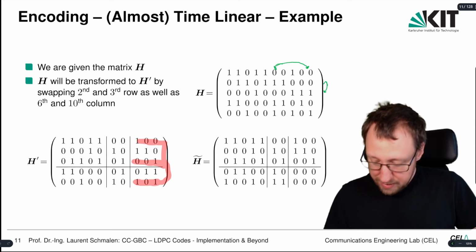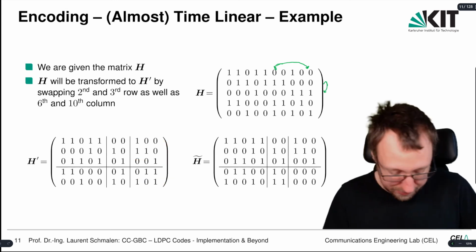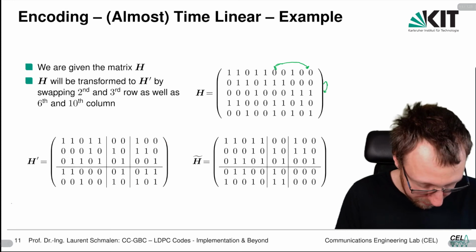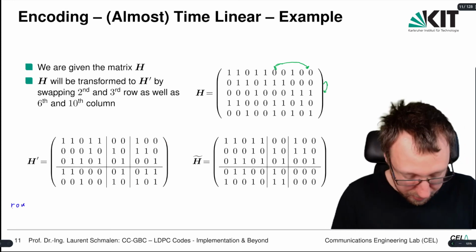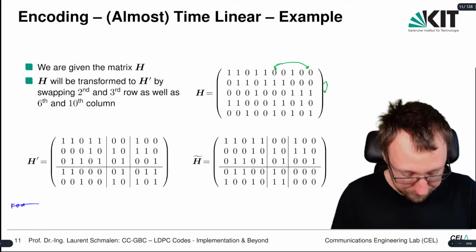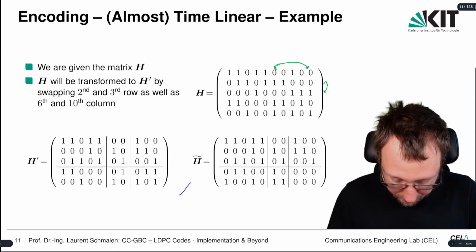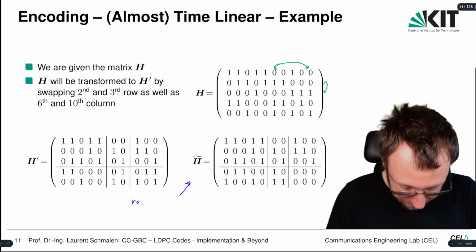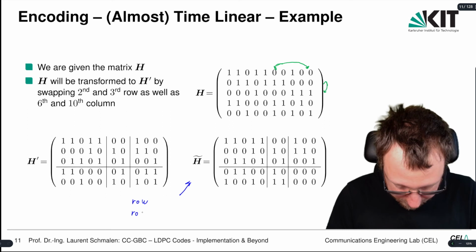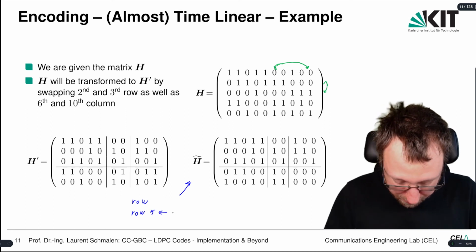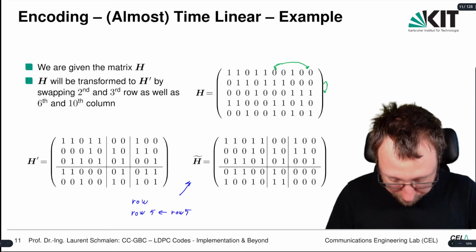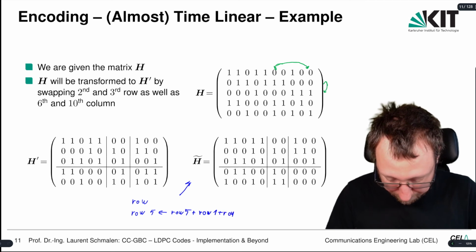So adding these rows, it means that row 5 becomes row 5 plus row 1 plus row 3.